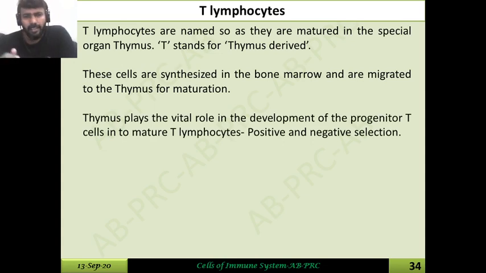Within the thymus, this is not simply a site of maturation, but there are a number of reactions, a number of selection processes. Collectively we call it thymic selection, which occurs in the thymus. Already we have seen the structural features of the thymus when we discussed the organs of the immune system.